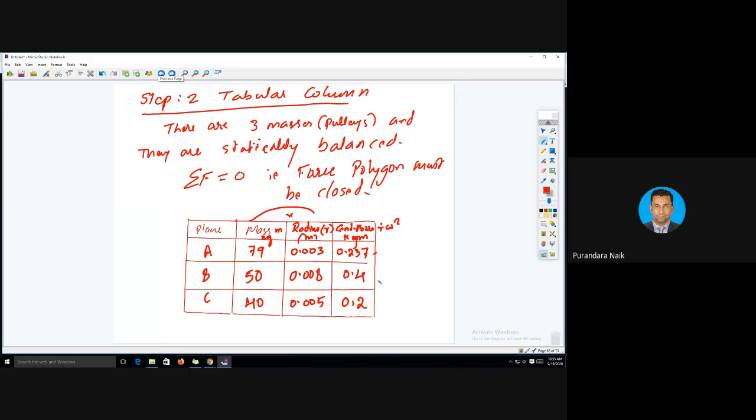Next B. B is 0.4, but I don't know the length. 0.4 into 2.